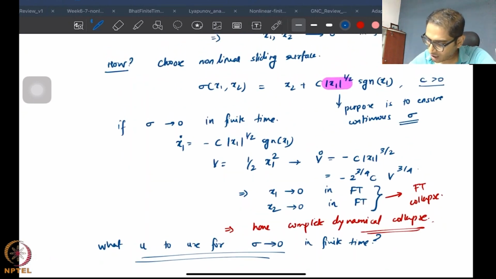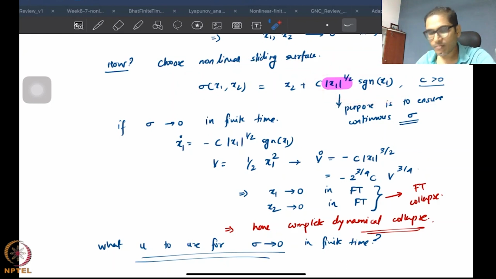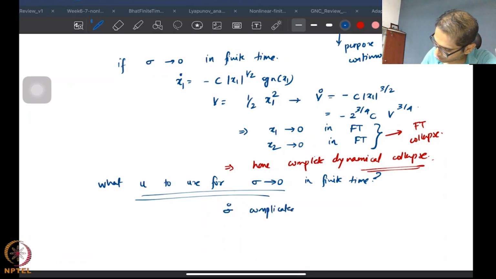Now if you see, if I try to use v equal to sigma square to arrive at a control, I'm going to get pretty complicated things, because I have to take the derivative of this and all that. So sigma dot is fairly complicated, not that it's not possible.